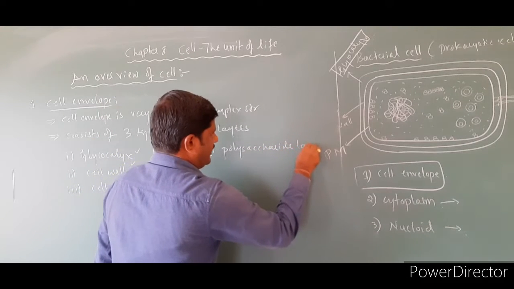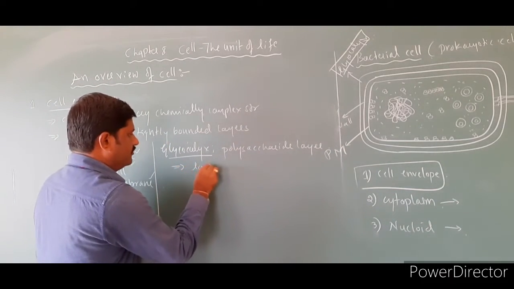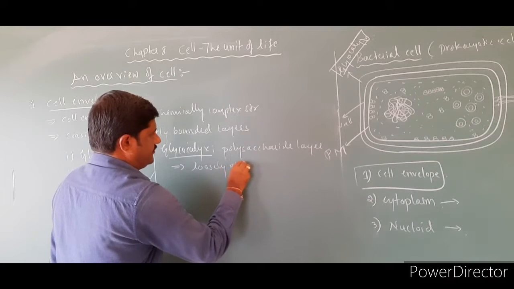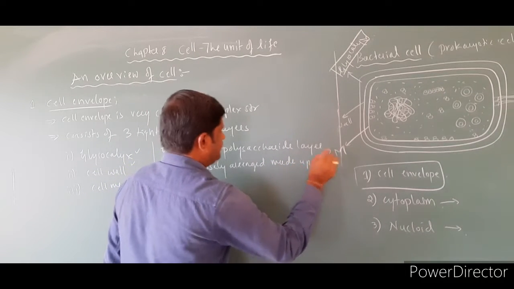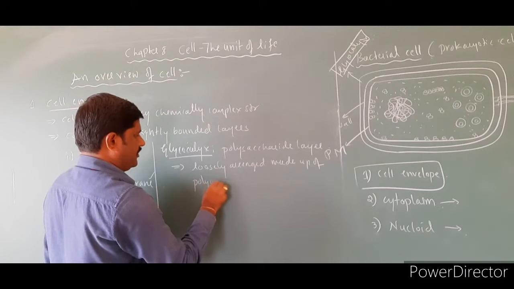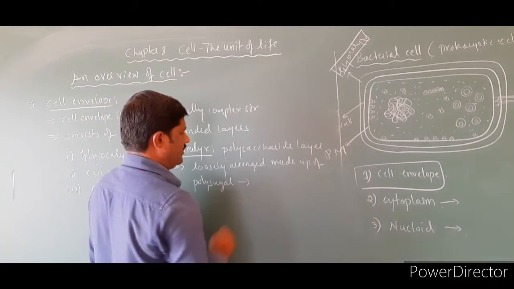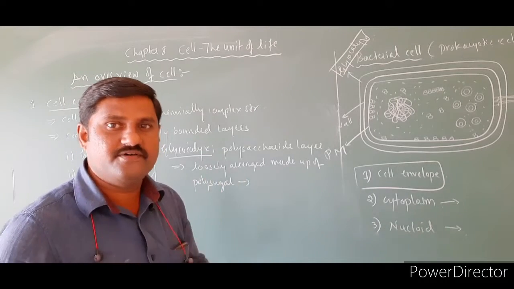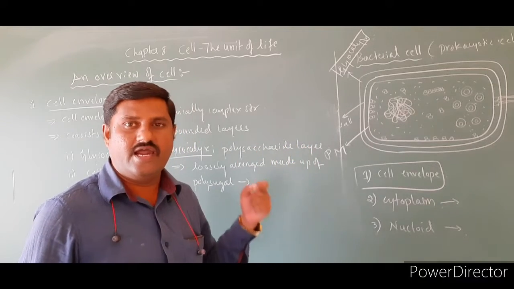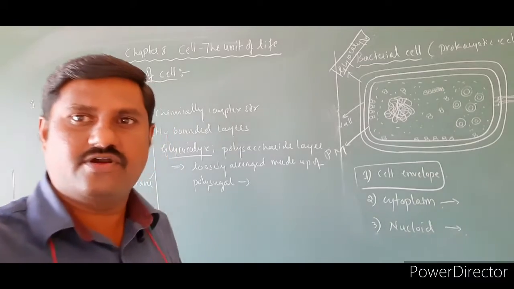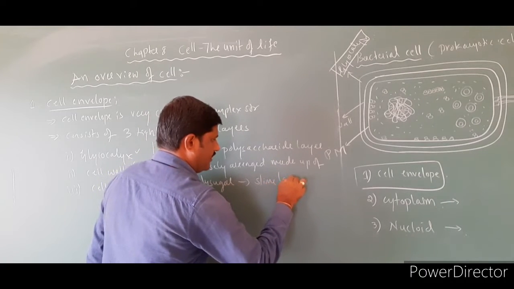If it is loosely arranged, made up of poly sugar or polysaccharide, then it is one type of glycocalyx that forms the outermost layer of the cellular envelope, and it is called the slime layer.